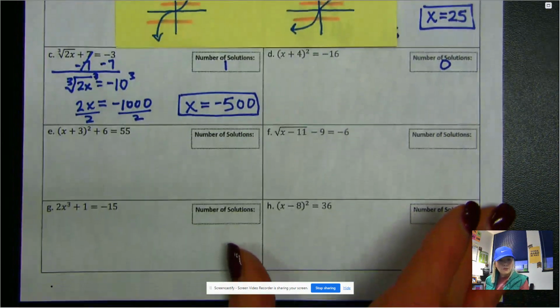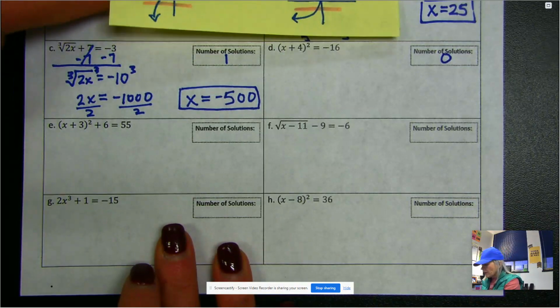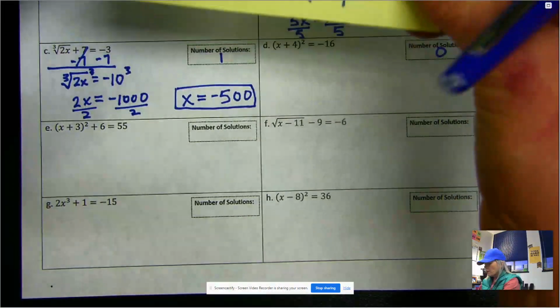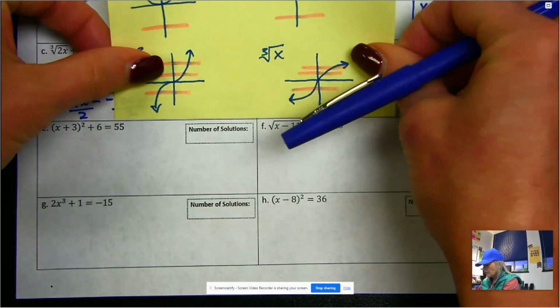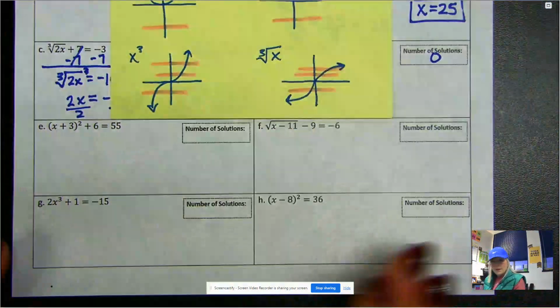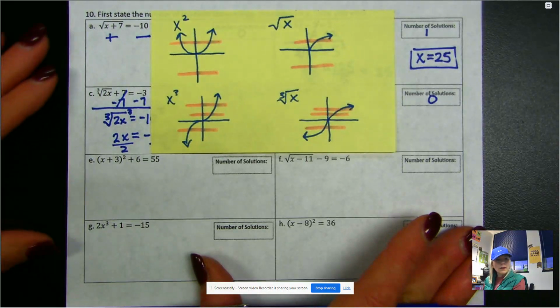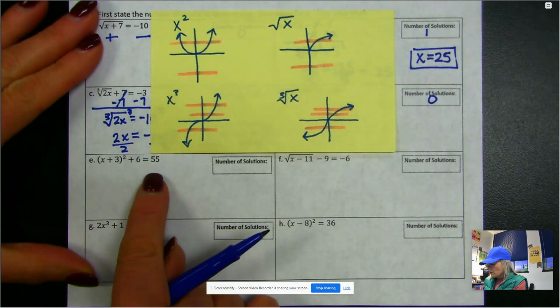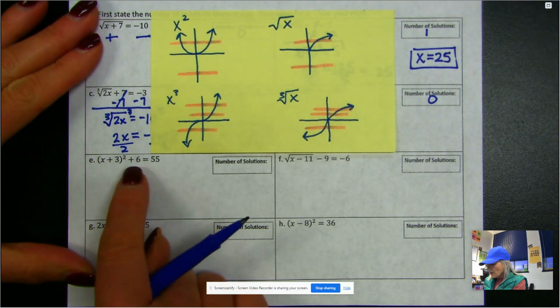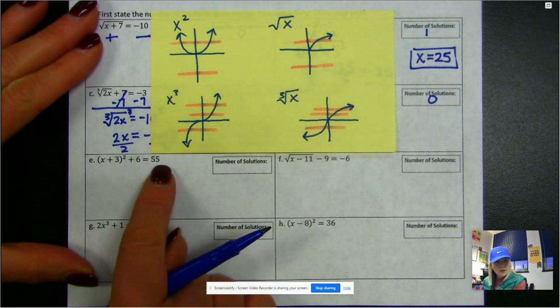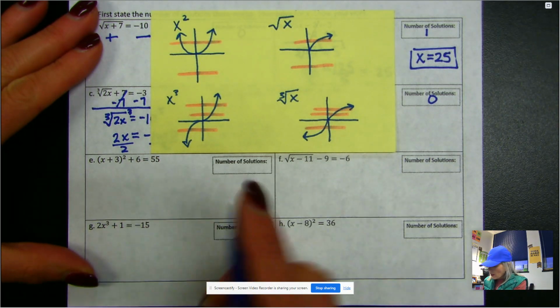All right, let's move on to E. We've got another x squared type of equation on E. This time it's equal to 55, but before I can state how many solutions there's going to be, I want to go ahead and move the constant over. The plus 6 needs to go to the other side.